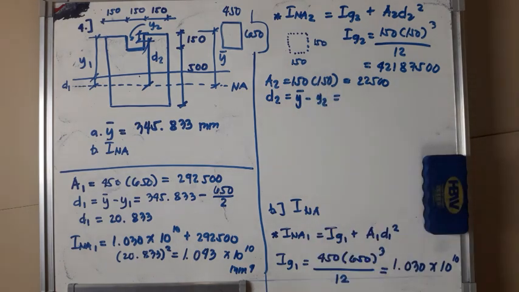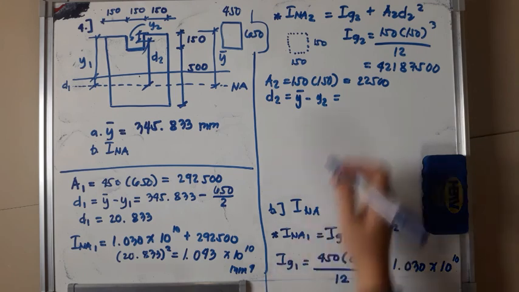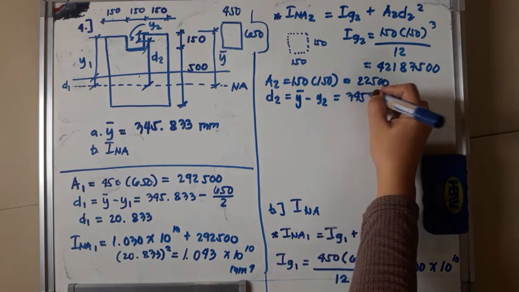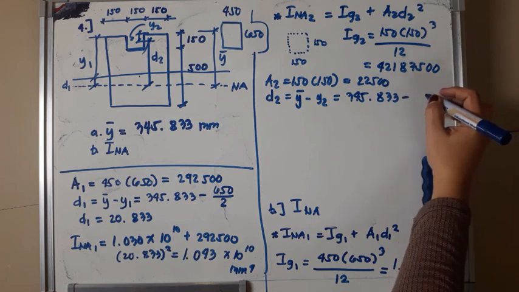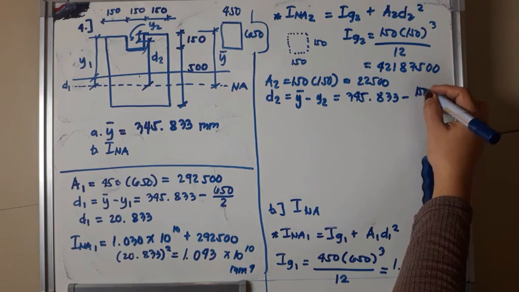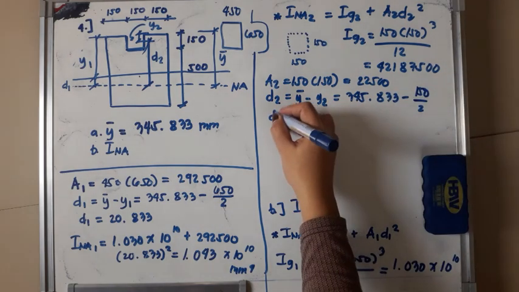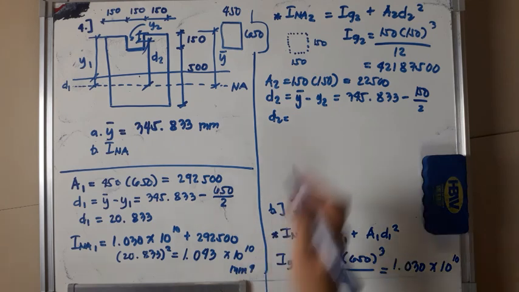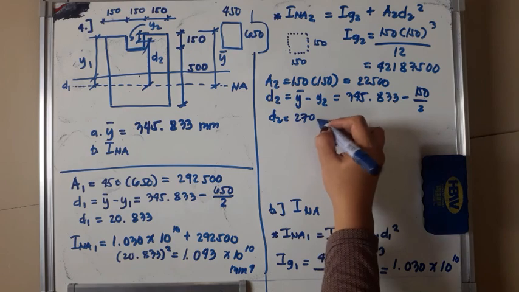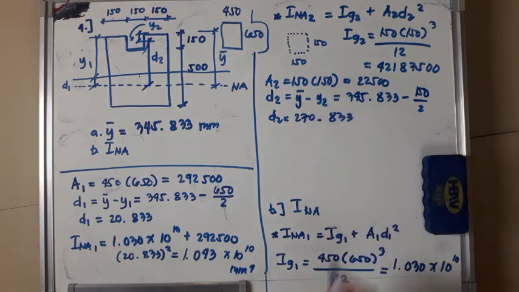So bar Y is 345.833 minus Y2, which is just half of 150 or 75. So D2 is 345.833 minus 75, so 270.833.